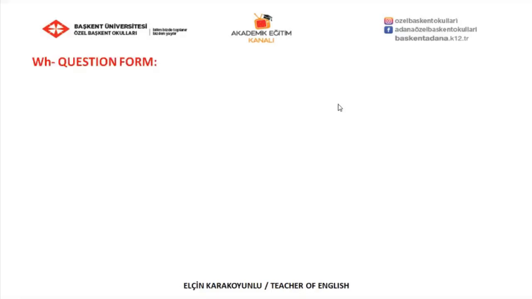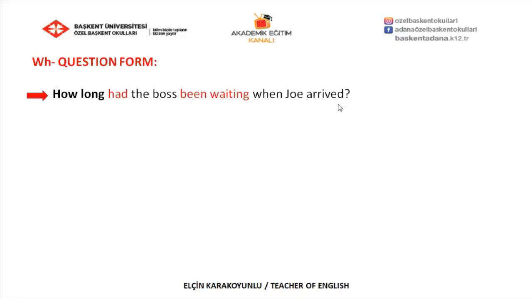Let's go on with WH question form. This time, when we have question words, we use like that. How long had the boss been waiting when Joe arrived? As you see, we have a question word here, how long.